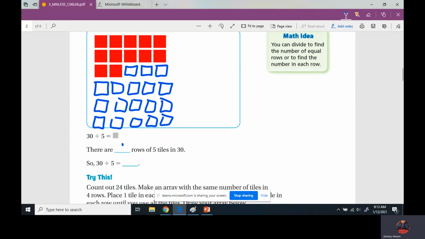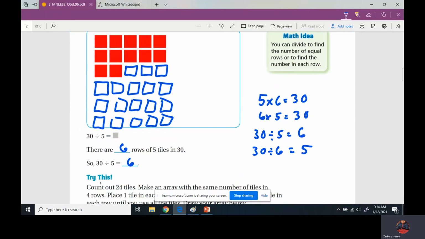So now there's 6 rows of 5. So 30 divided by 5 is 6. And remember, this is a fact family. 5 times 6 equals 30. 6 times 5 equals 30. We also can do 30 divided by 5 equals 6, or 30 divided by 6 equals 5. All these have the same numbers, okay?